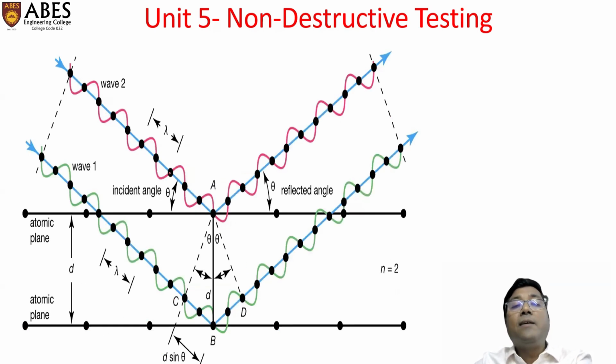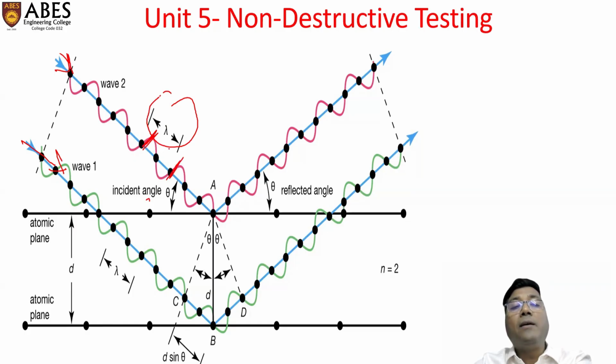Here we can see this is wave 1, and this is wave 2, impinging on the material and having the wavelength lambda, one complete wave from this point to this point.